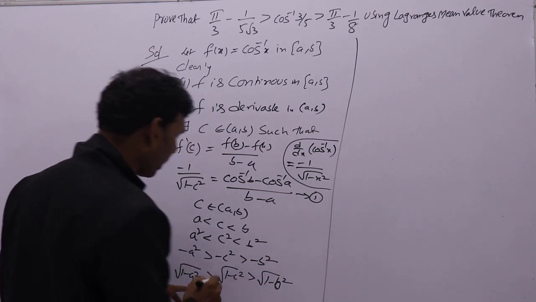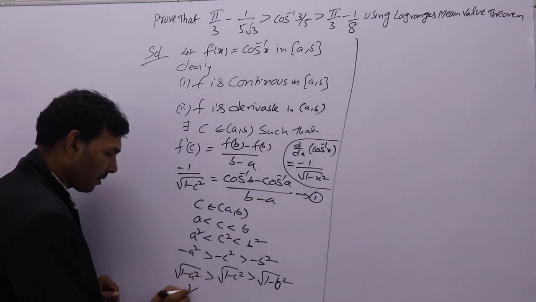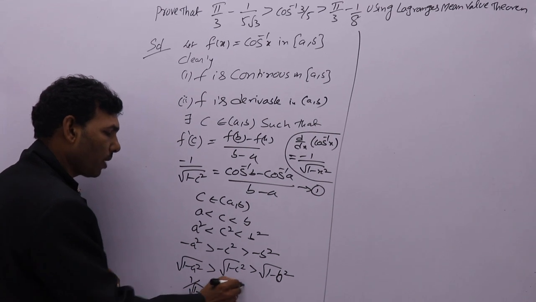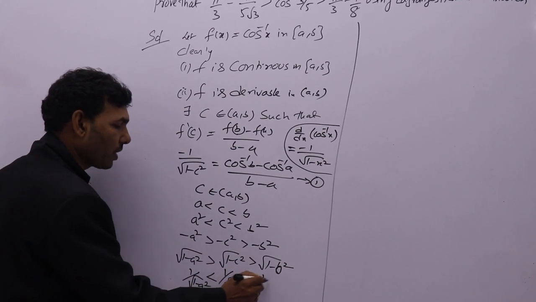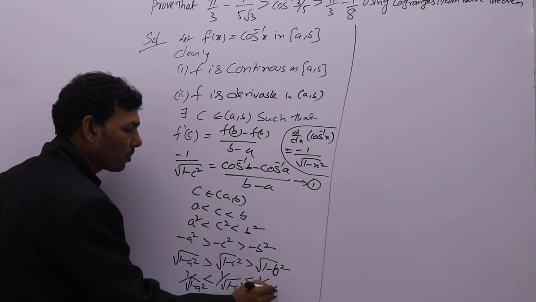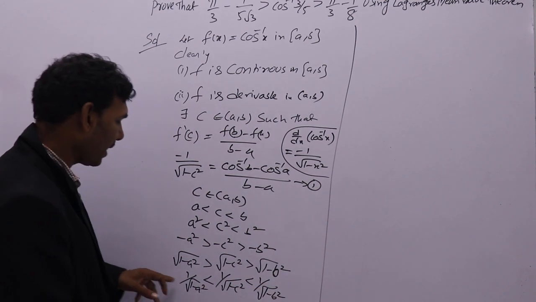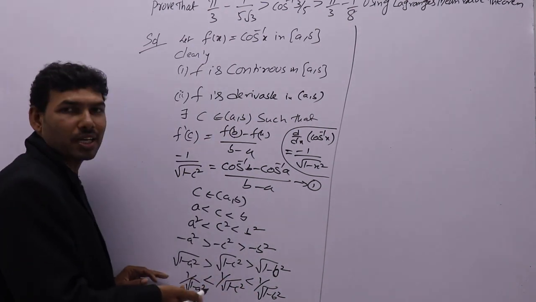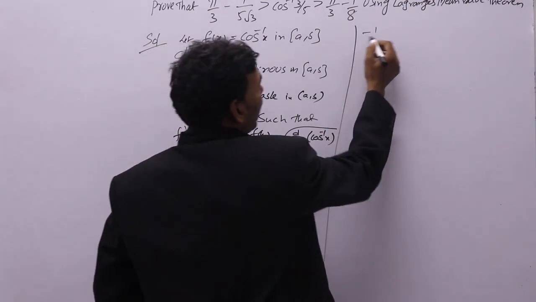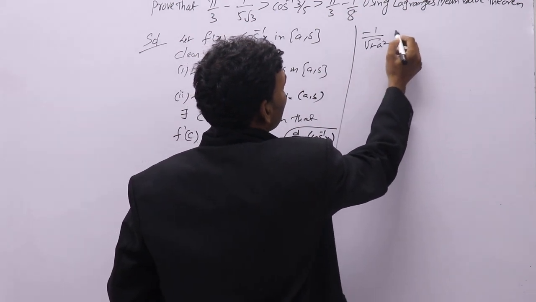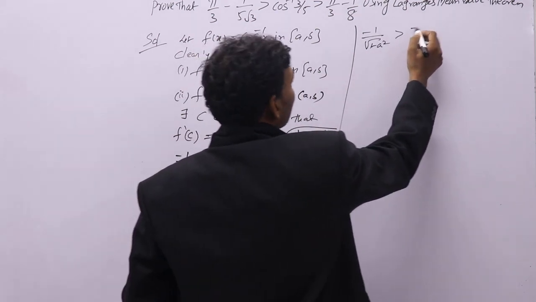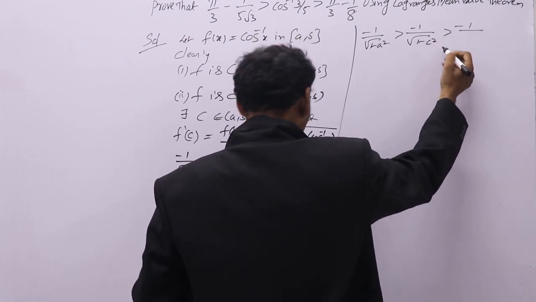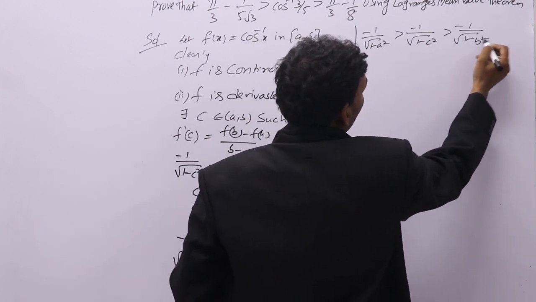If you take reciprocal, greater than becomes less than: 1 by root 1 minus a square less than 1 by root 1 minus c square less than 1 by root 1 minus b square. Next, again multiply with a minus sign. If you multiply with a minus sign, less than becomes greater than. Then what happens? Minus 1 by root 1 minus a square greater than minus 1 by root 1 minus c square greater than minus 1 by root 1 minus b square.